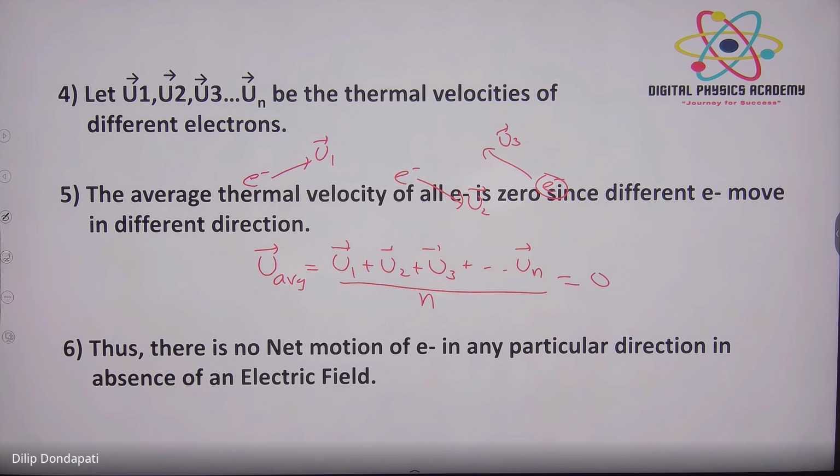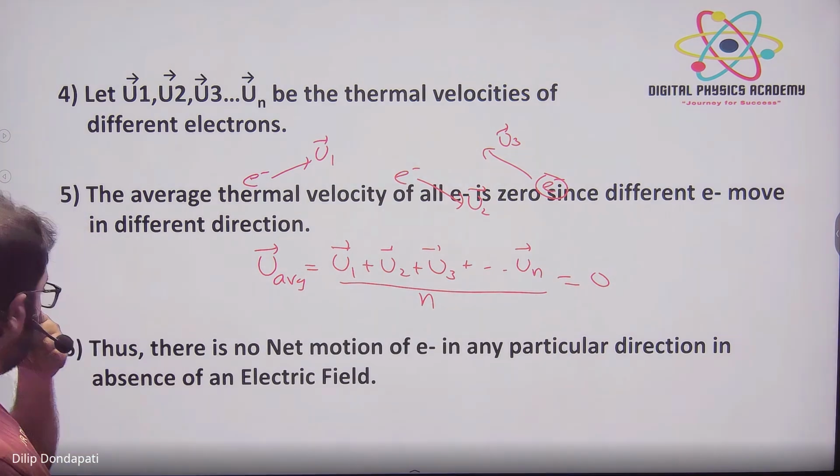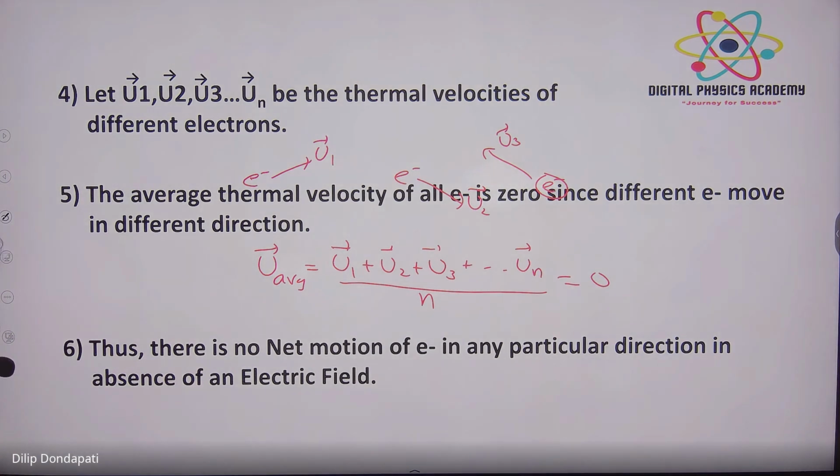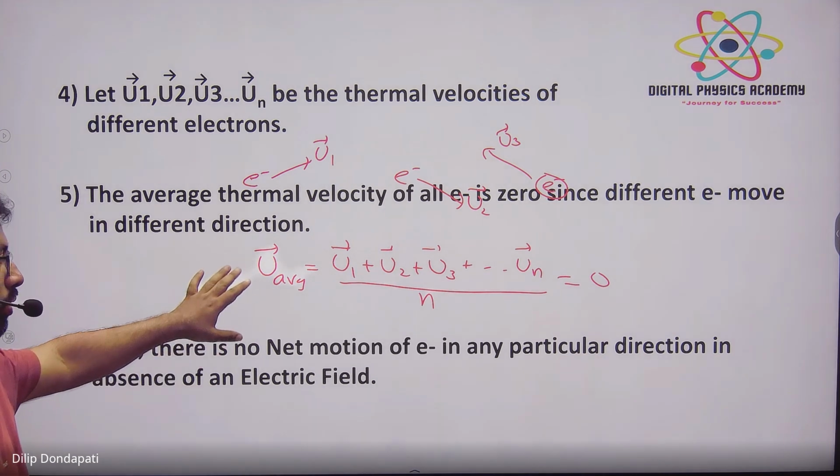The electrons are not moving from one place to another place. All of this is going to be used in the derivation.